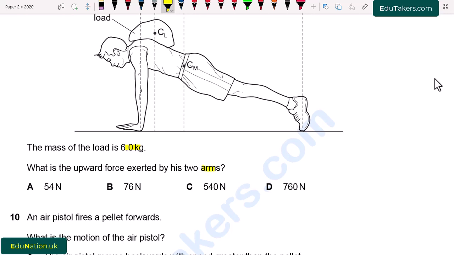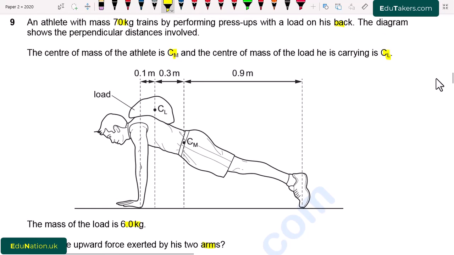So first of all, here we have to calculate the value of the upward force that is exerted by the arms of this athlete. So first of all, we calculate the weight of this athlete and also the load. Weight is the product of mass and g.